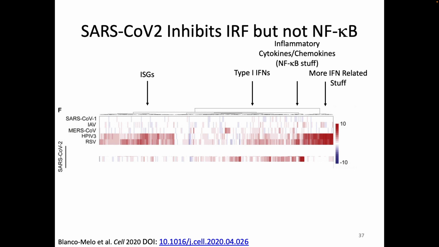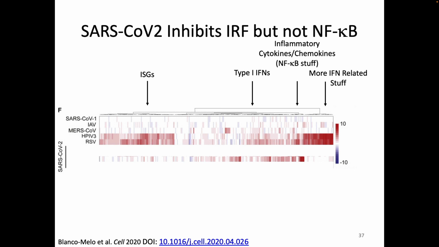If we look at the type 1 interferons, they're missing. If we look at this interferon-related stuff, missing. All of that kind of looks like these ones on top. But if we look at the NF-kappa B stuff, it's still there. That doesn't look like these other viruses.